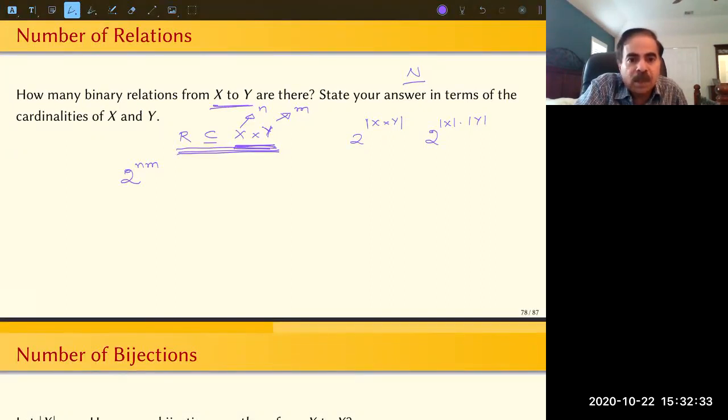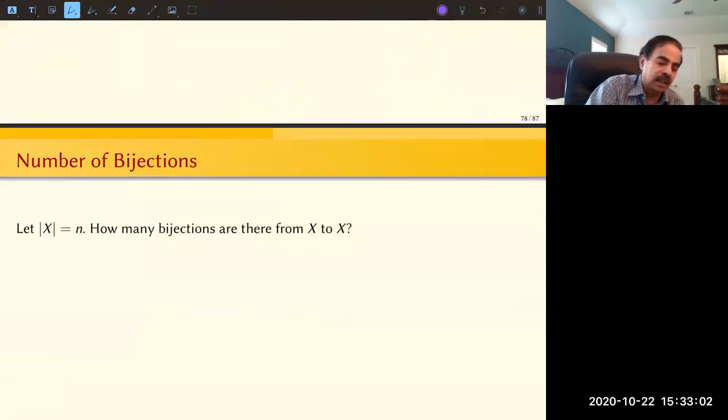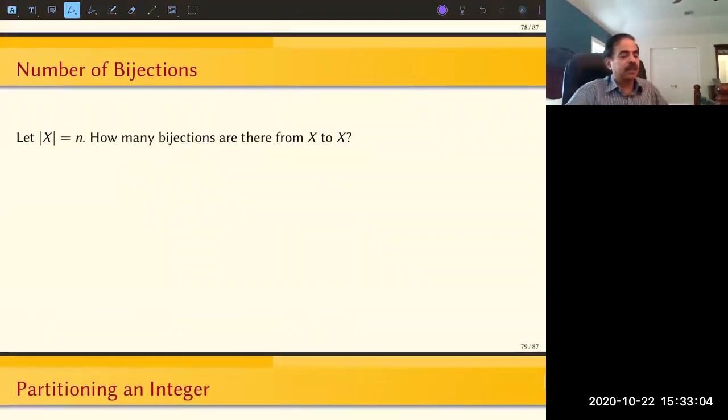We had a homework problem where we looked at functions on natural numbers, and we proved that the number of functions on natural numbers is uncountable because it's like the power set. We also said that the number of relations on natural numbers is uncountable, and we only get uncountable from natural numbers if we do a power set construction. So that's how we did it before.